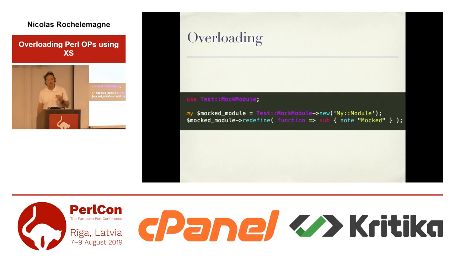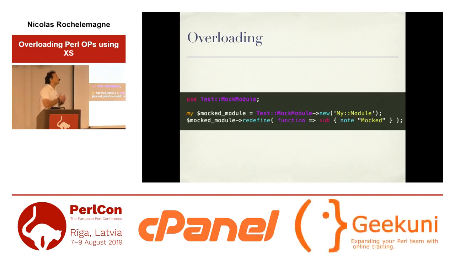Redefine is awesome because if you try to mock a function that doesn't exist, it will simply croak, and you will be aware that the code was refactored and you need to adjust that test. You will not have a test that silently passes and fails to catch a mistake it should have caught. So this is mainly how you mock and overload.